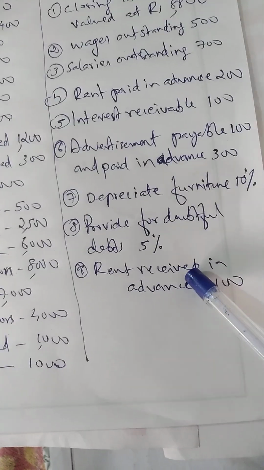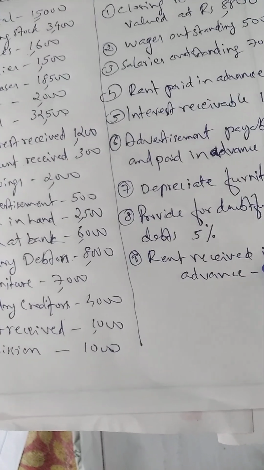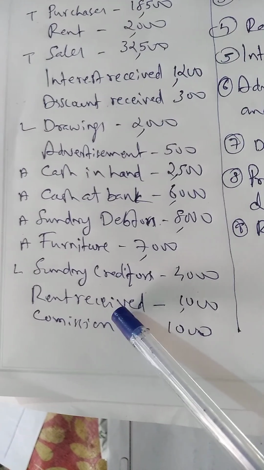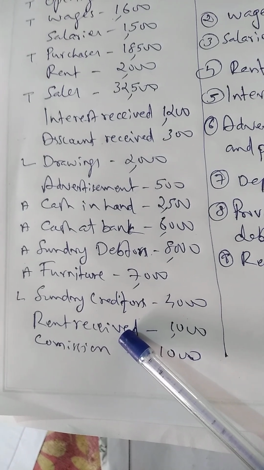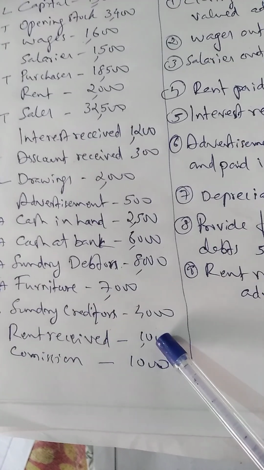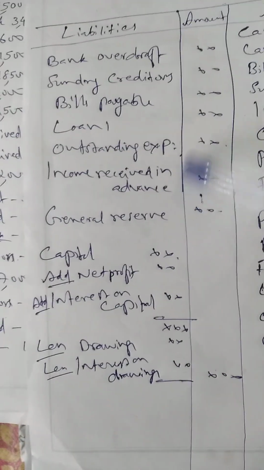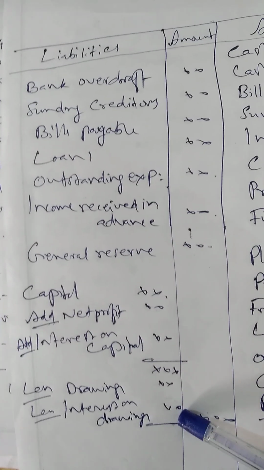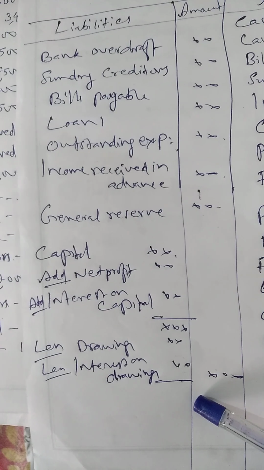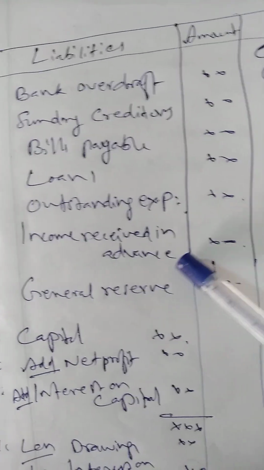The income received in advance should be deducted from the concerned item on the credit side of the profit and loss account, and shown on the liability side of the balance sheet. Refer to this format of the balance sheet: on its liability side it is stated income received in advance.